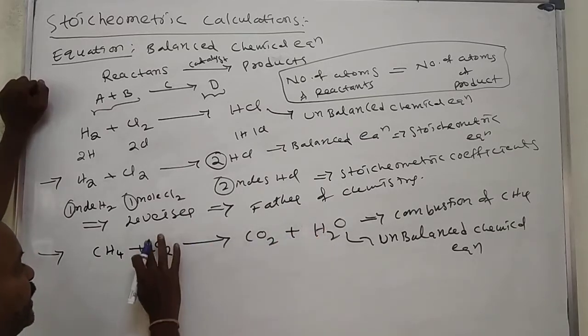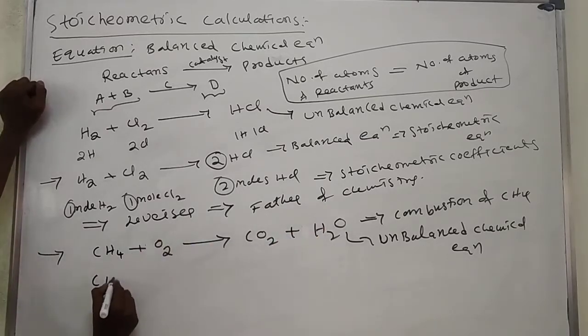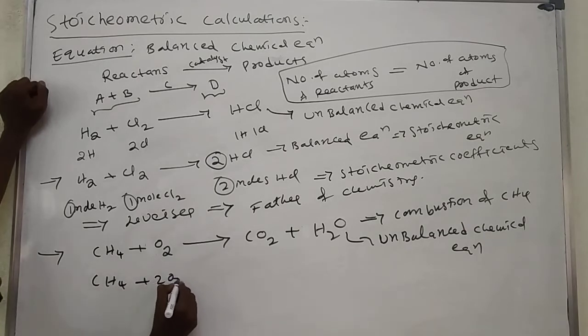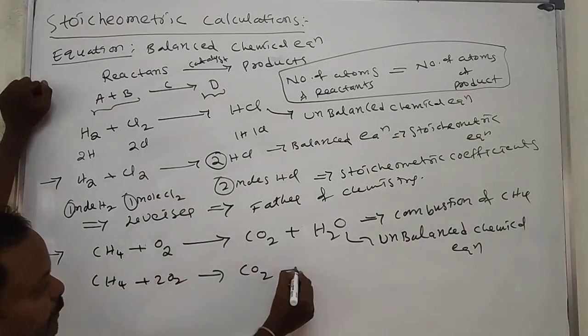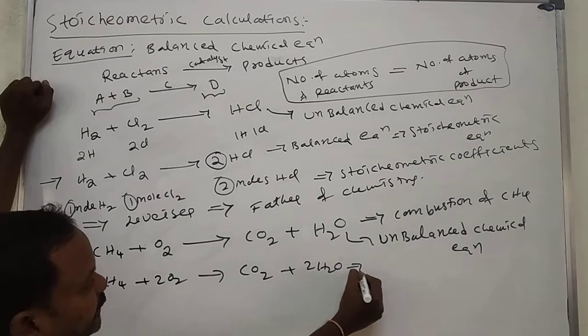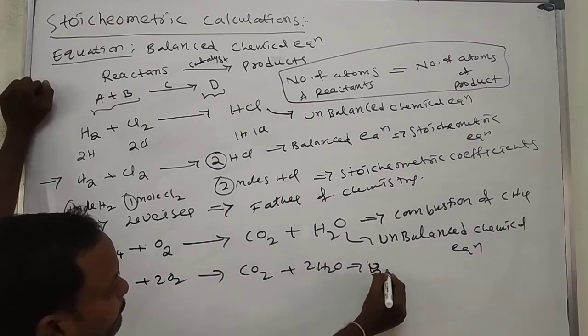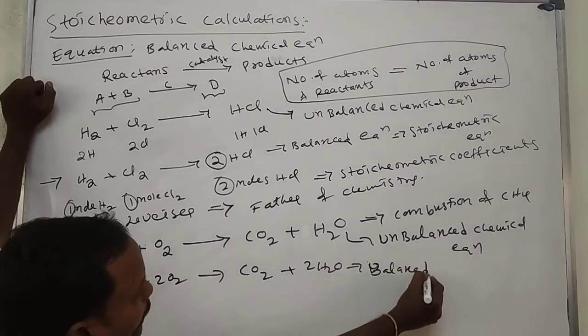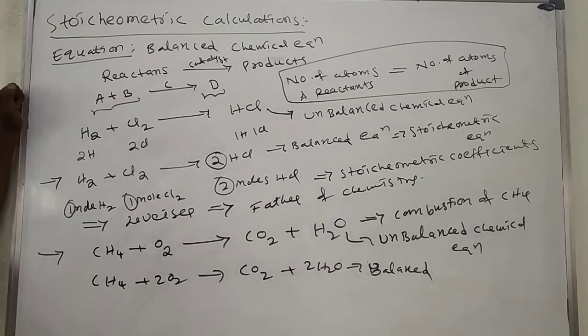I am writing the balanced equation here: CH4 + 2O2 → CO2 + 2H2O. This is the balanced equation or stoichiometric equation.